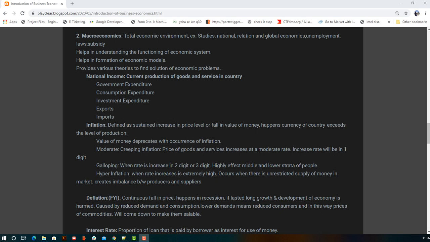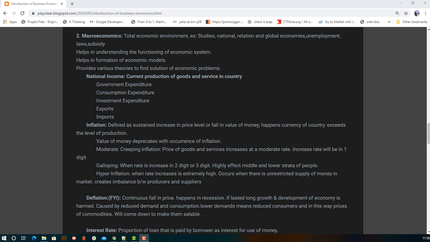Moderate, which we also call creeping inflation, means that it is increasing but at a very slow rate, a rate of 1 digit. Galloping means it is increasing at a rate of 2 digits or 3 digits. When such high inflation is occurring, it will affect the middle and lower class of people.